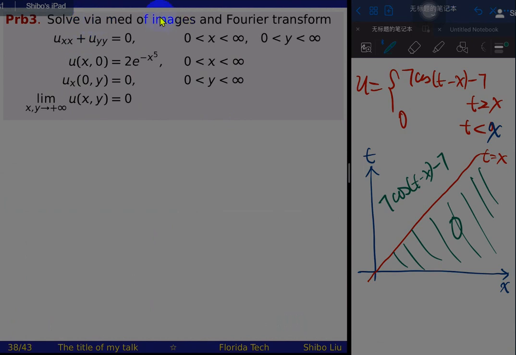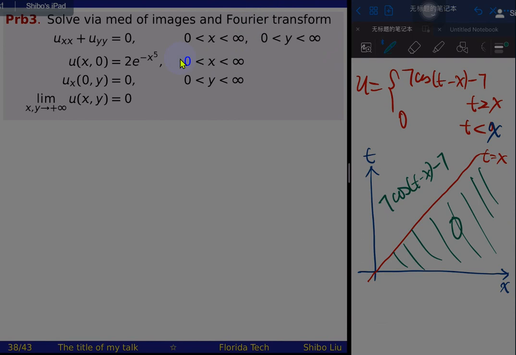We are required to solve this problem using the method of images. The method of images means that depending on the boundary condition, you make an even extension with respect to one variable or an odd extension, so that the semi-infinite problem becomes a totally infinite problem. Then you can use the Fourier transform to solve the totally infinite problem.